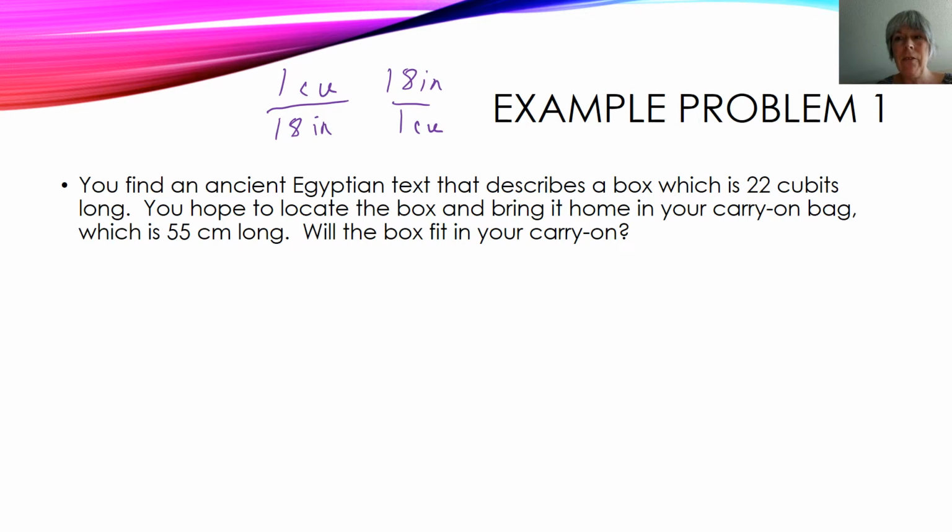Now there's another unit factor that we saw back there, and the other unit factor was 2.54 centimeters is equivalent to 1 inch. I'm just going to squeeze those in over here. So 2.54 centimeters is equivalent to 1 inch, and because we're writing unit factors, it can be flipped over as well.